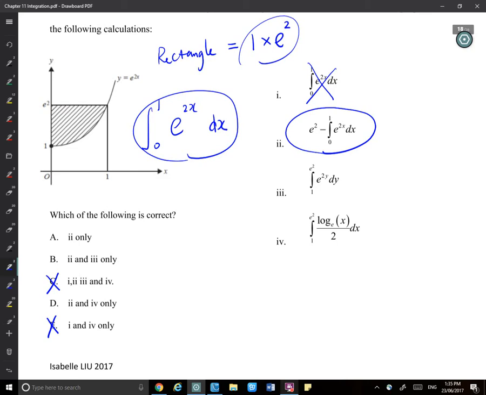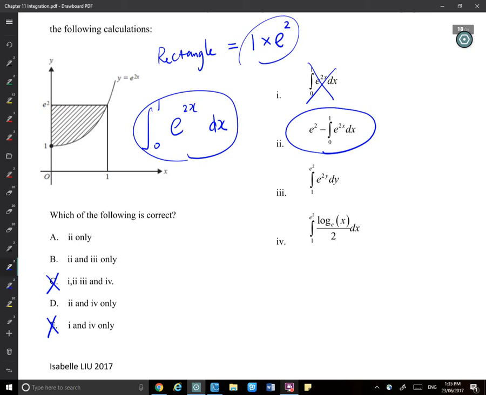I flip my paper. Can you see the shape of the graph? That graph becomes x equals to some function of y. And then this part directly becomes the area bound by the curve, the area under the graph.